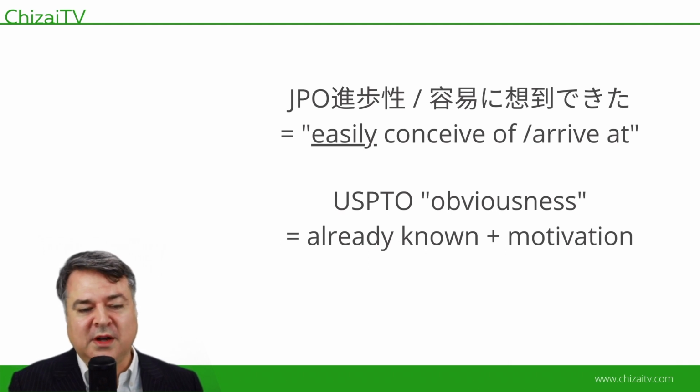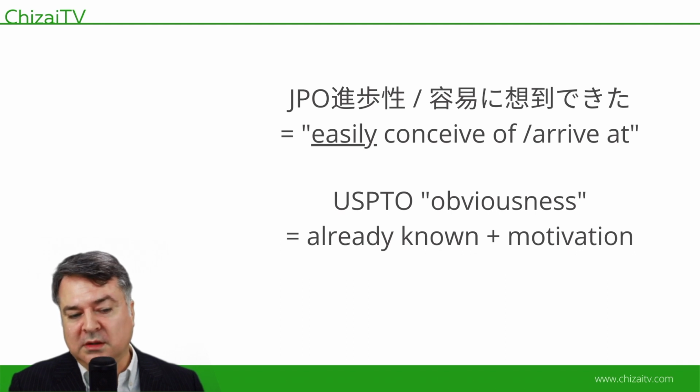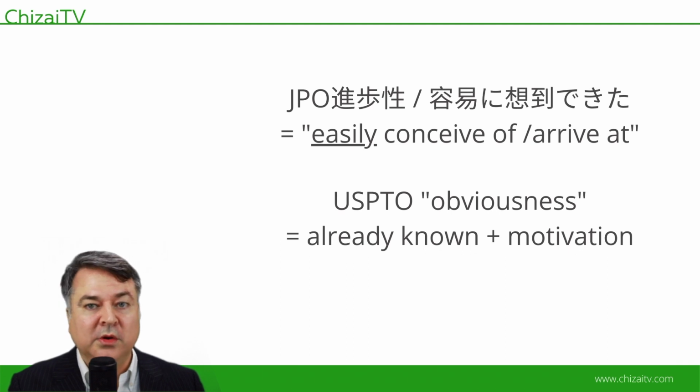So it's a different kind of term for obviousness. It's USPTO obviousness. It's more of a legal term. So here, already known plus motivation. So this is a little bit different. We can argue that the technology is not known in the prior art, or you can argue there's no motivation to modify, things like that.